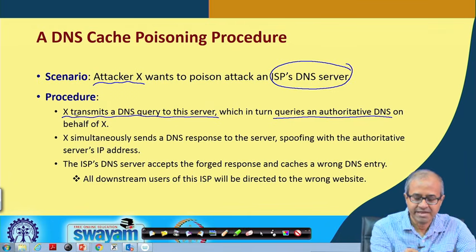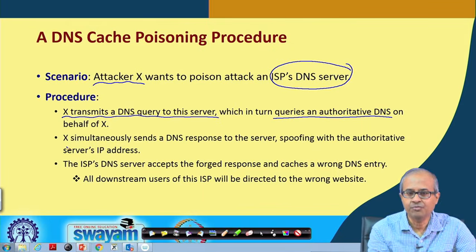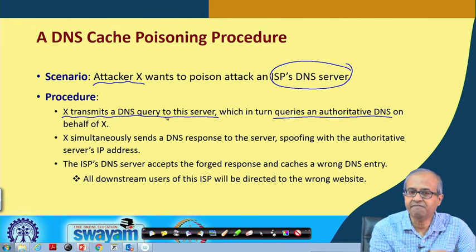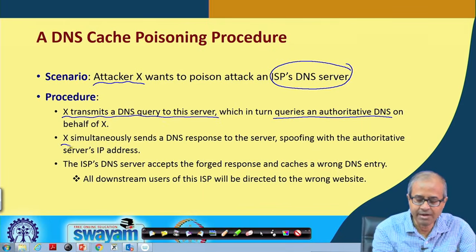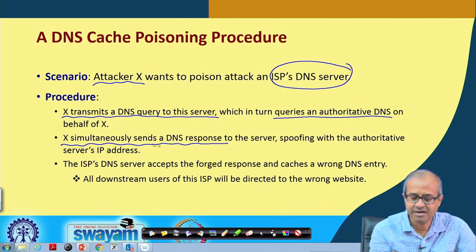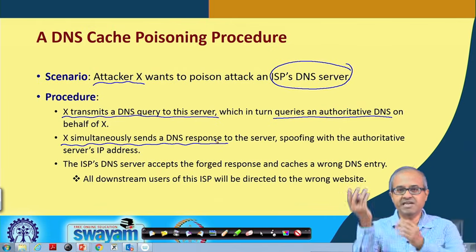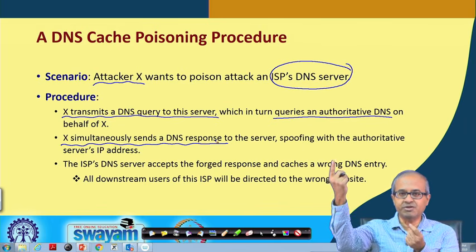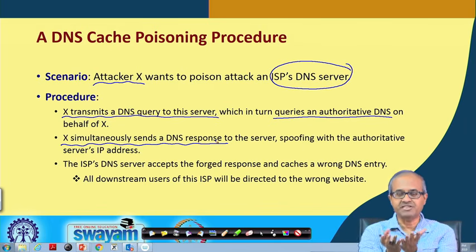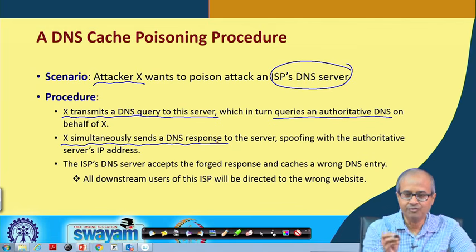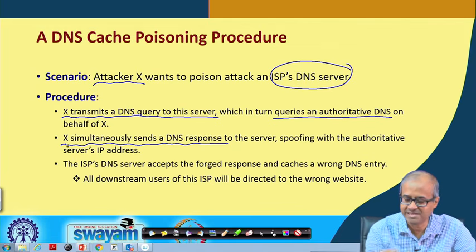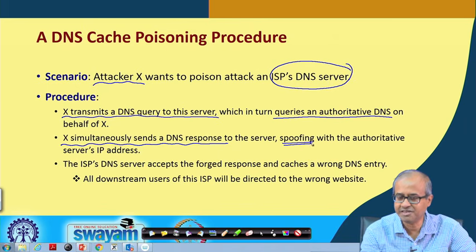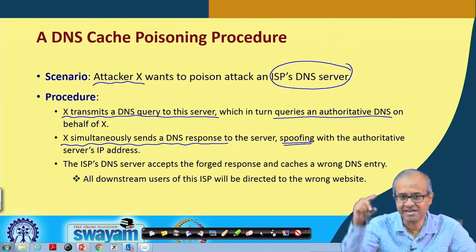But what the attacker will do, just immediately after sending the query, is also send back a corresponding DNS response. So, the ISP's DNS server may feel that, well, I had sent a request to the root server, and that response is coming back now. For that purpose, X spoofs the IP address of the next higher level DNS server.